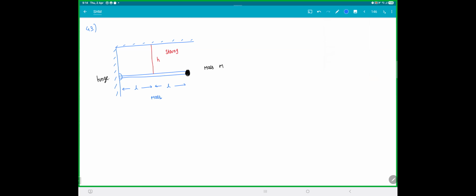So we got a massless rod of length 2L. Someone attached a string at the midpoint. Now, when you disturb it, this thing starts oscillating in and out. Right? So this is a massless rod, hinged at one end.